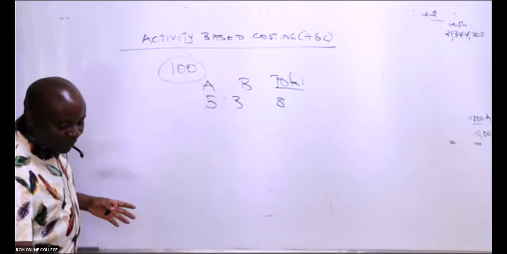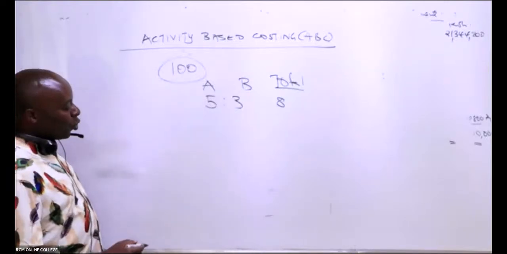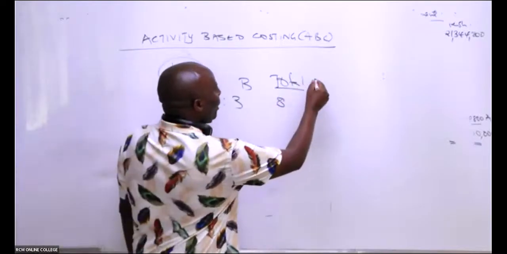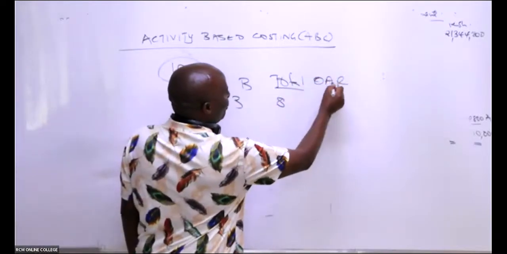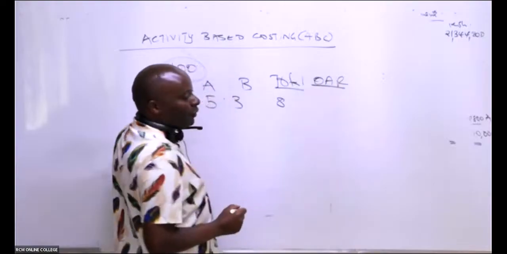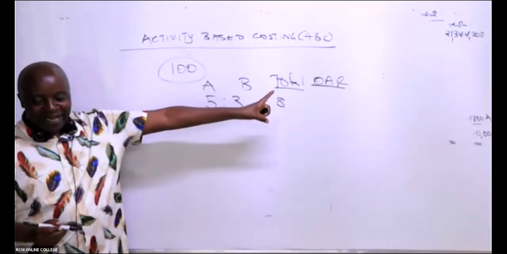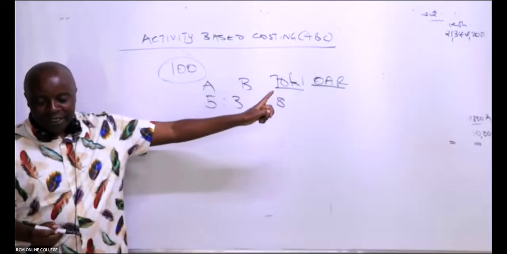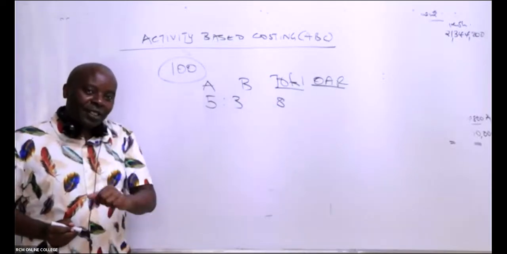Now, how about this other model, because your examiner loves what we call the OAR model, overhead absorption rate model. Have you covered this? OAR, overhead absorption rate. This is the model that your examiner loves.